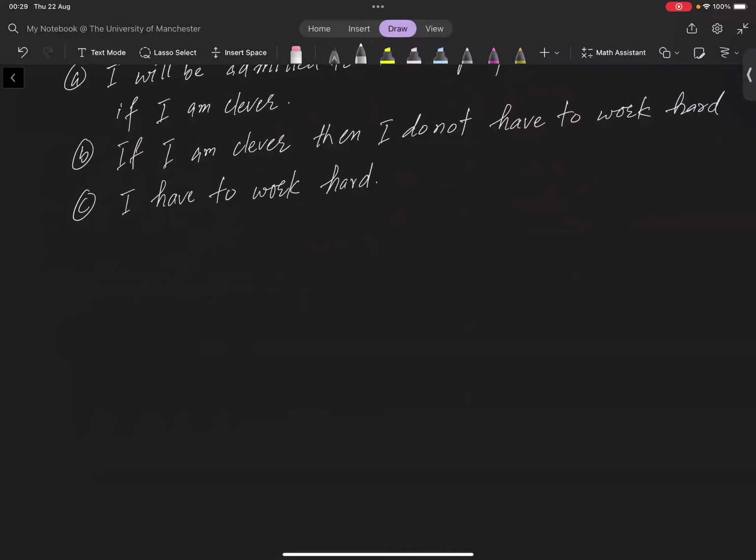What can be deduced? Question is, what can be deduced?